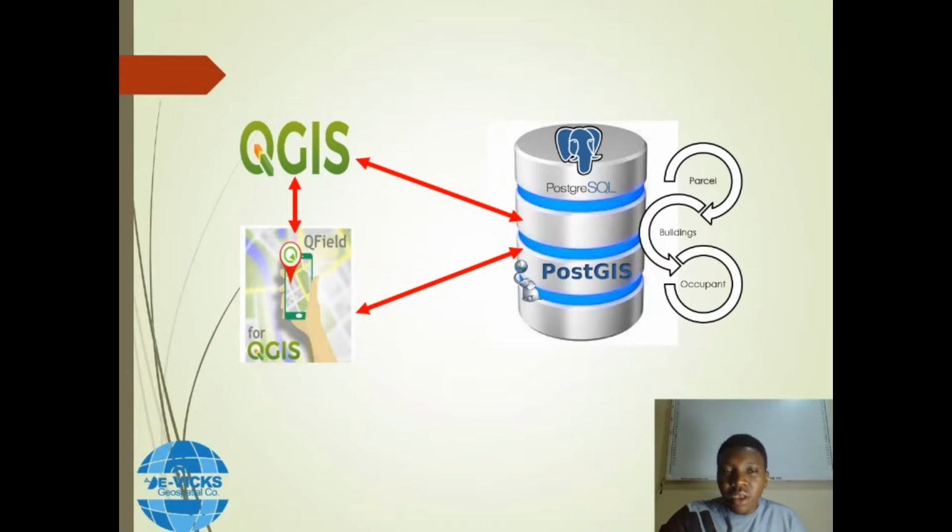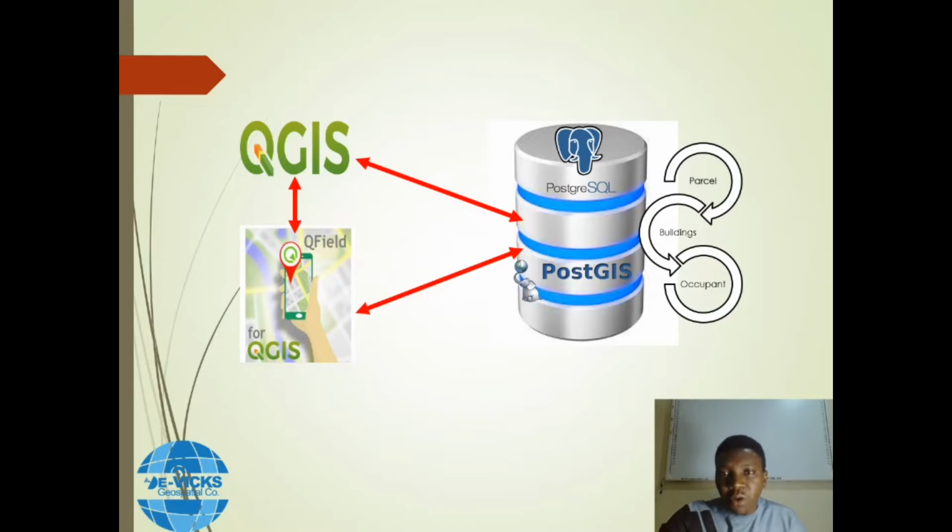It is synchronized with the QField platform, and QField sends the parcel data, the property data, and the building data to the database, as well as displaying it in the QGIS environment.